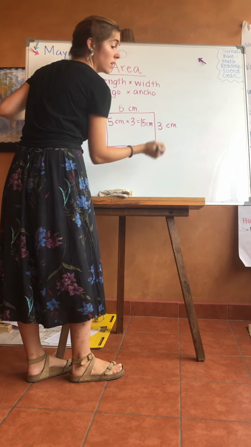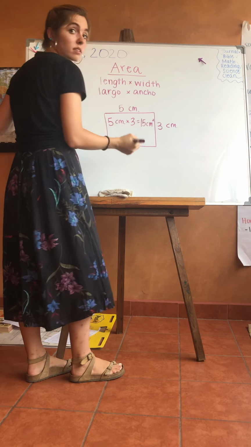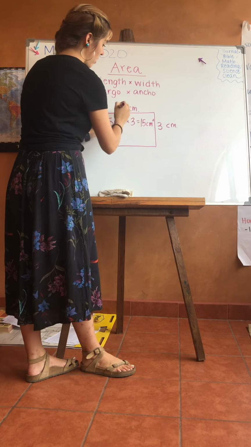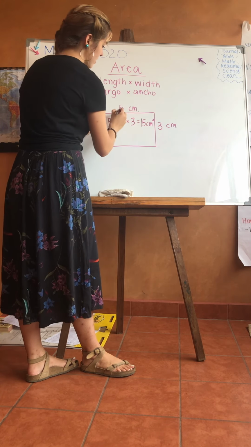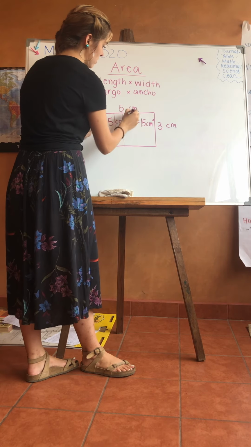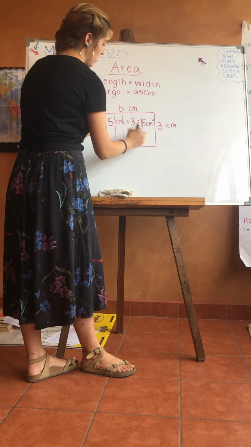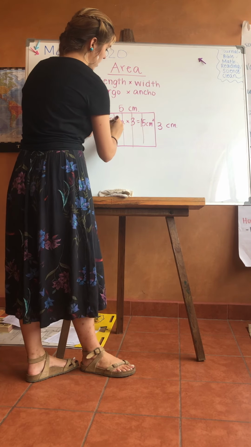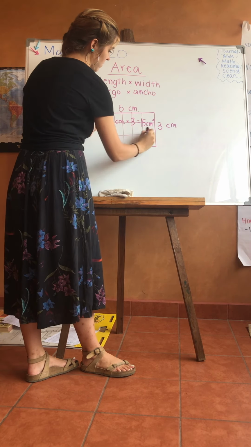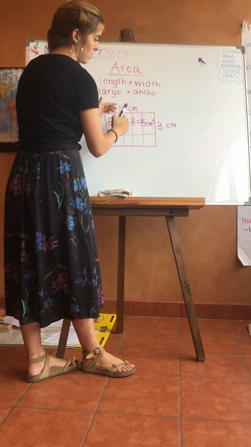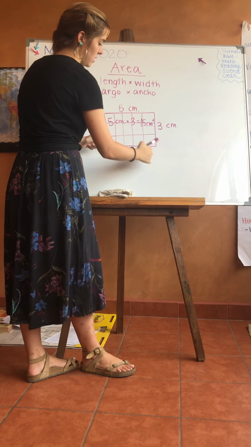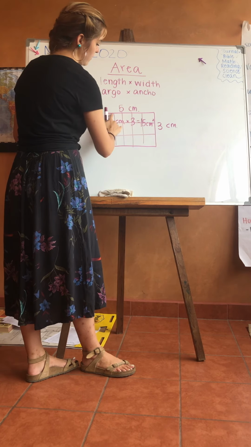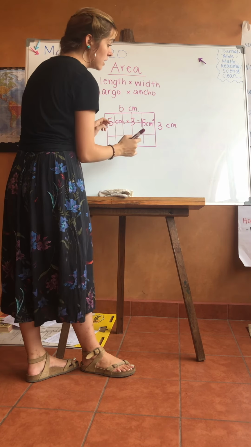centimeters, and then squared. Because inside, if we were to draw out the lines like last time, 1, 2, 3, and 1, 2, 3, 4, 5 centimeters, 5 times 3, we would have 1, 2, 3, 4, 5, 6, 7, 8, 9, 10, 11, 12, 13, 14, 15 squares.